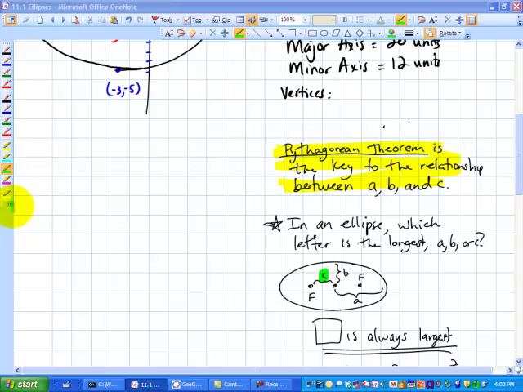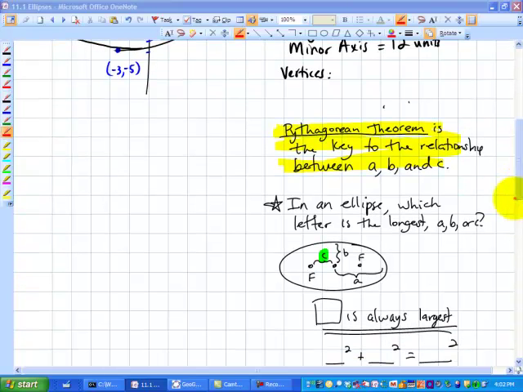So in an ellipse, which one of these three is going to have to be the biggest? a, the distance from the center on the major axis, or b, the distance from the center to the minor axis, or c, the distance from the center to the focus point? Which is going to have to be the biggest? You tell me, a, b, or c?